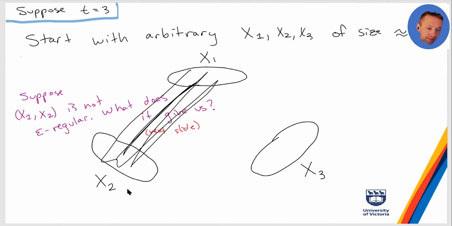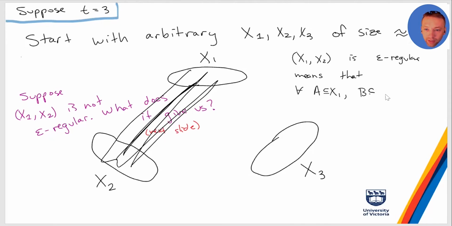What does it mean to be epsilon regular? Restating the definition: x1, x2 is epsilon regular means that for all a subset of x1 and b subset of x2 such that the size of a is at least epsilon times the size of x1, and the size of b is at least epsilon times the size of x2.